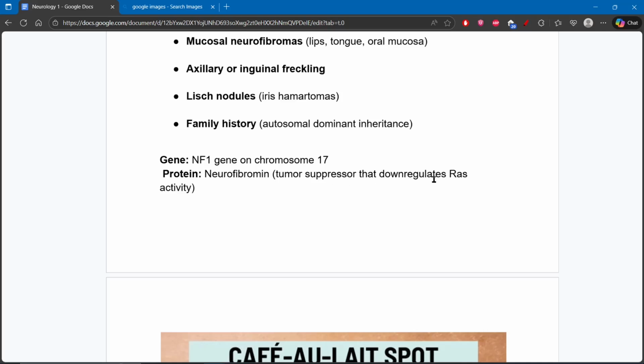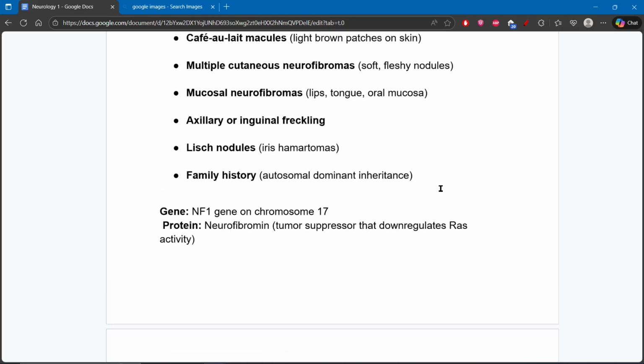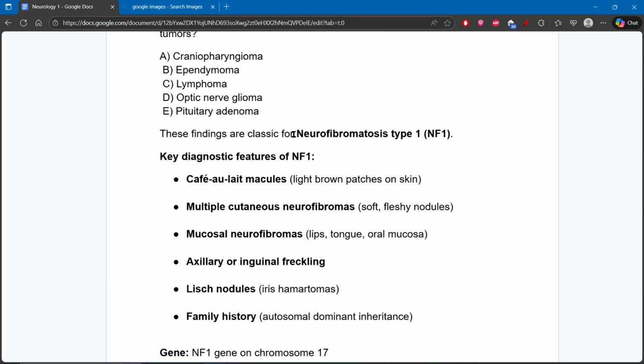It is basically a tumor suppressor that downregulates RAS activity. So once it is affected, it won't be able to do its work properly. And as it is a tumor suppressor, if it is not working properly, then it would not suppress the tumor, and then there would be basically a cancerous or tumorous growth. So neurofibromatosis type 1 is a cancerous kind of a condition.